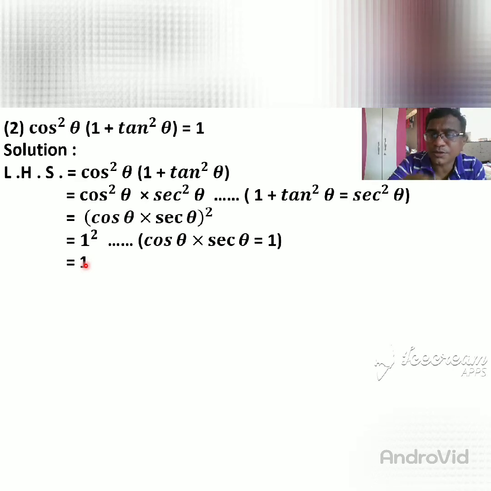Whatever I solved here, that I explained, and I will show you another method also. So whichever you like, you can solve according to that method. See, cos square theta carries as it is, 1 plus tan square theta is equal to sec square theta.